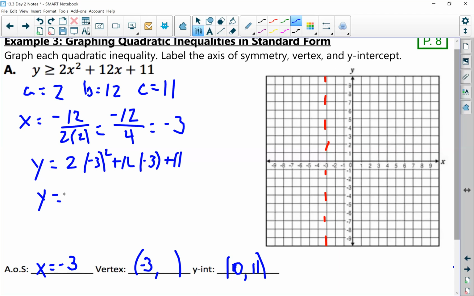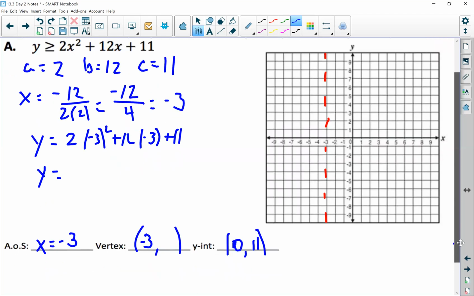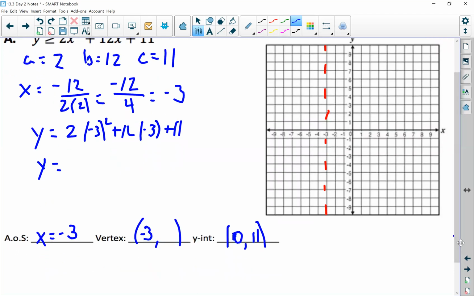You don't have to do it in your head or by hand. I like to do it just to kind of get me going in the morning. Just do a couple of evaluations of values in a quadratic. So in this case, I take negative 3 and square it. What is negative 3 squared? Positive 9 times 2, 18.